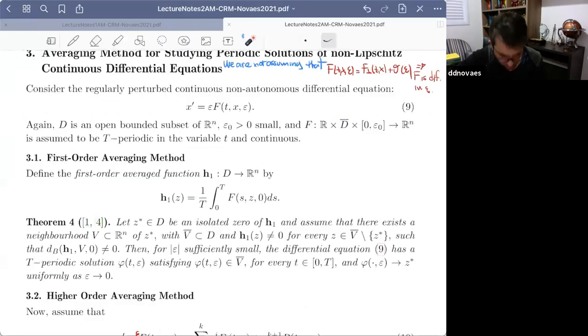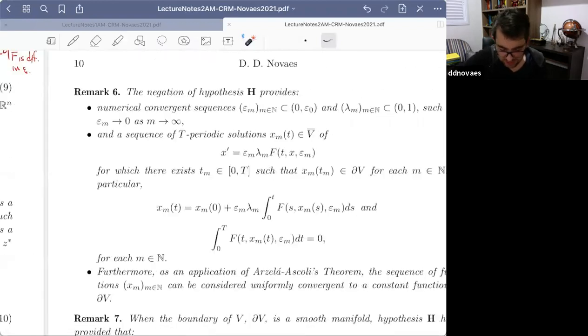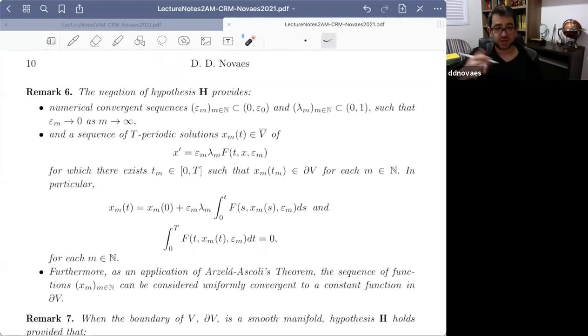Some comments about the hypothesis H. In order to verify hypothesis H, it's interesting to assume its negation and try to obtain a contradiction, an absurd.